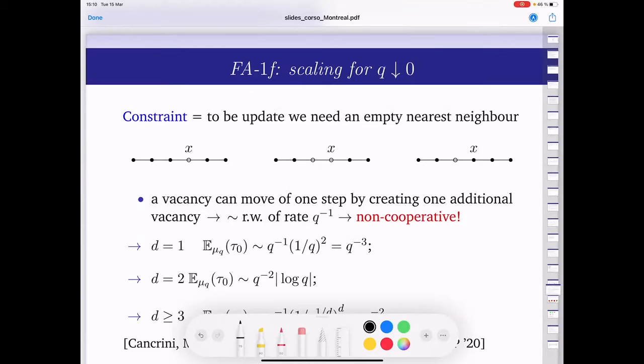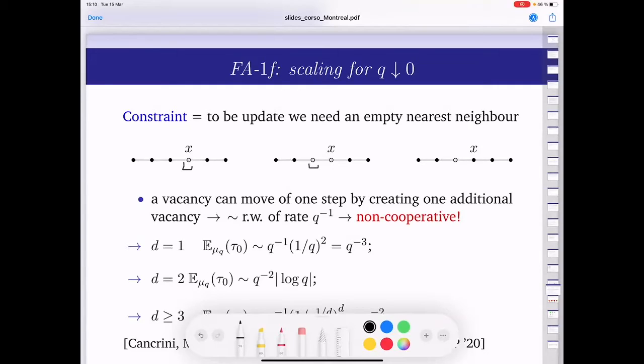So what happens in this case, if I start with a single empty site and I tell you that you have just one additional empty site in your pocket? How far can you go with this initial empty site? Now you can empty a site on your left.